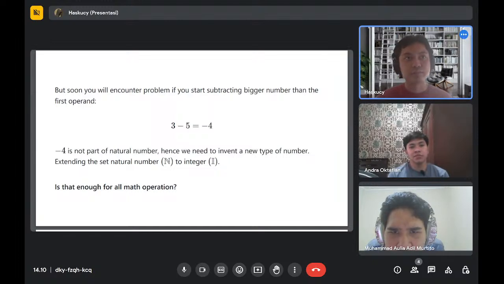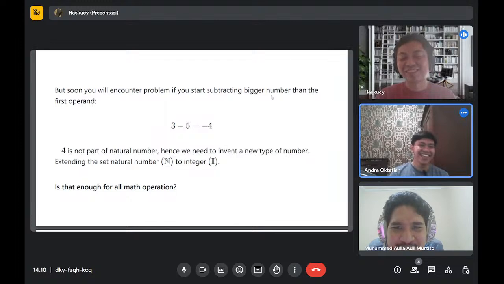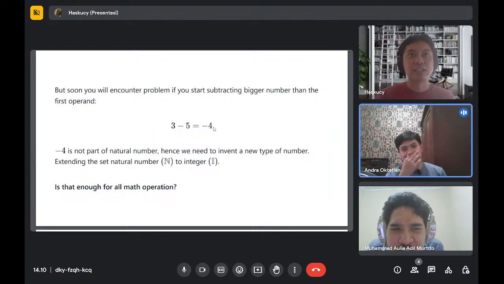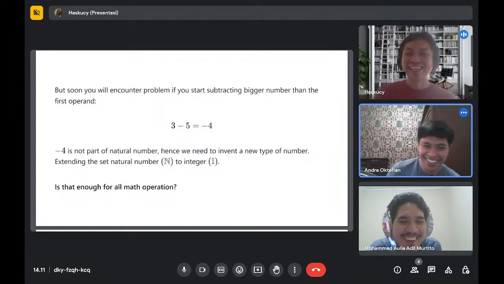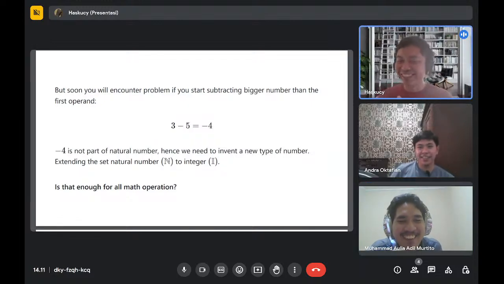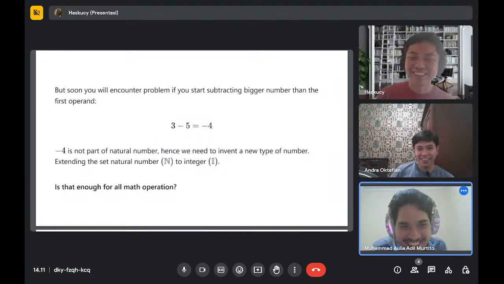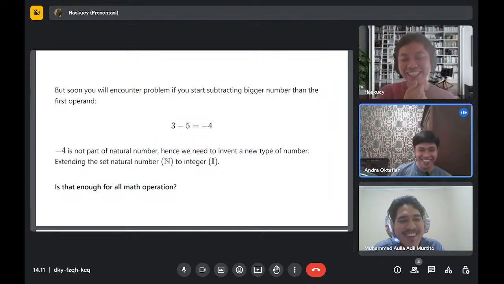Wait, hold on. Why is it -4? Isn't it supposed to be -2? Sorry, this is actually supposed to be -2, I guess. The point still stands though. Askuti is trying to collect our attention by making mistakes.